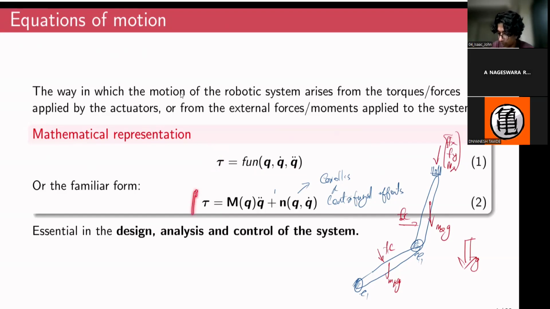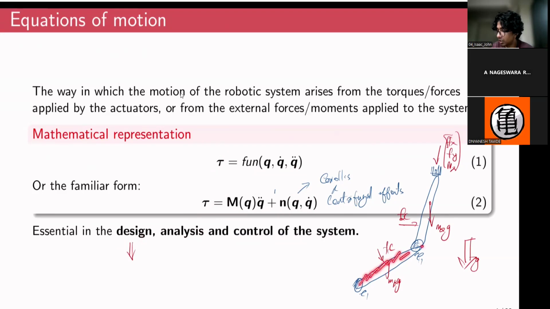So the dynamics of any robotic system can be represented in a general form as represented here. And we would be using this dynamic model for design, analysis, and control of robotic systems. In the case of design, a dynamic model can be used for designing the links, right?